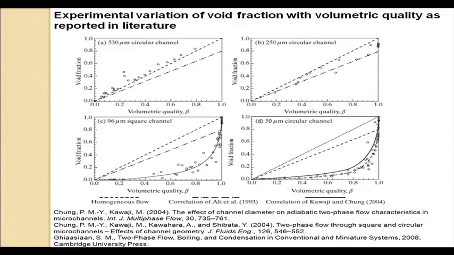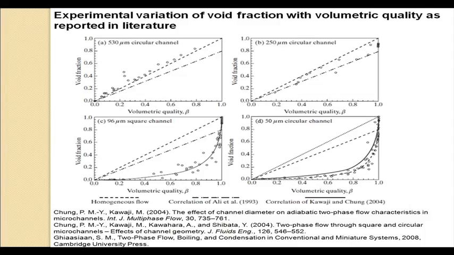There are some contradictory results, but I would like to discuss the general trends. This trend gives you an idea of how void fraction behaves with the inlet volumetric fraction, or, as I have already mentioned in the nomenclature, how alpha varies with beta, and how this variation again depends upon the channel dimension in the micro domain.